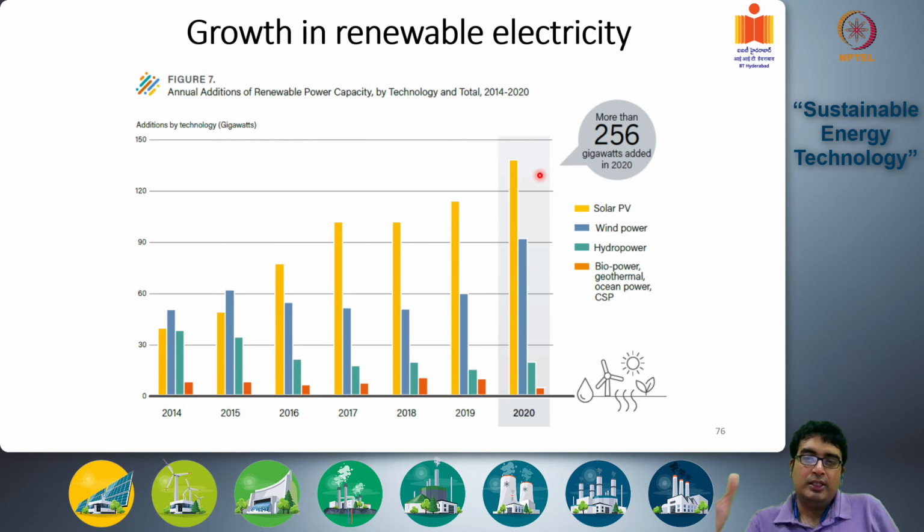So in 2020, 256 gigawatts of total renewables was added, of which around 140 was solar, 90 was wind, and a small amount was hydro. Okay. Whereas in 2014 they were more or less comparable. We can see over the last few years solar capacity additions have been the largest, followed by wind power capacity additions.